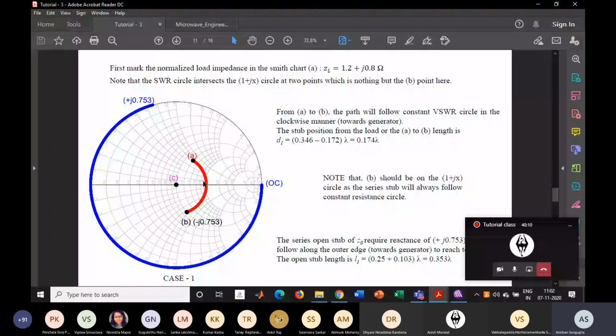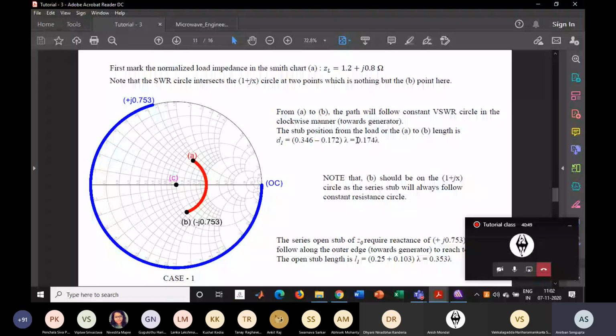At the outer circle of the Smith chart, you will find the lambda value. For this case, the lambda value will be 0.172 lambda, and for this point, the lambda value will be 0.346 lambda. So you have to travel this much length, 0.174, and this length means you have to put the stub at this distance from the load.